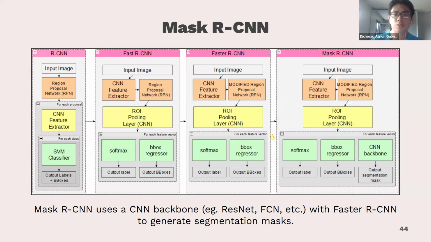What it does from Faster R-CNN to Mask R-CNN is that this last module, which is responsible for classifying the different labels of each bounding box and giving you the coordinates of every bounding box, just adds another module that is also built upon an existing convolutional neural network like ResNet or FCN, and then uses it to output a segmentation mask.